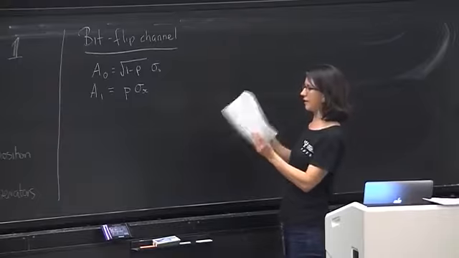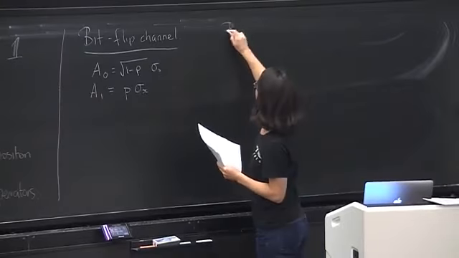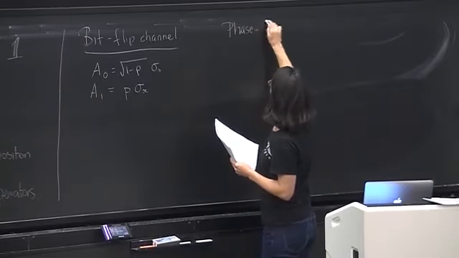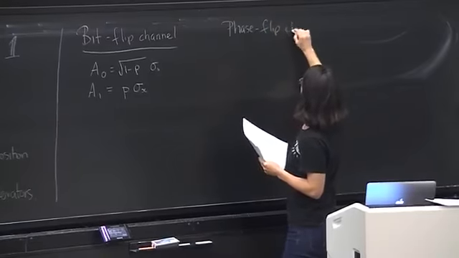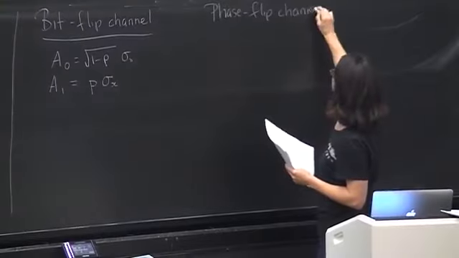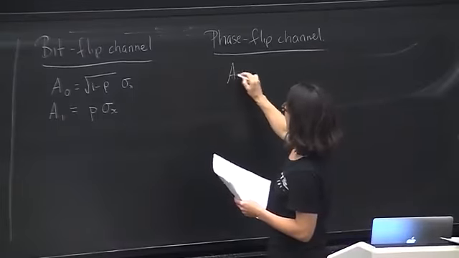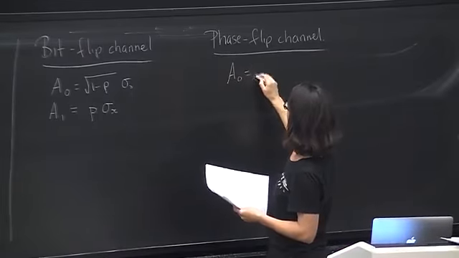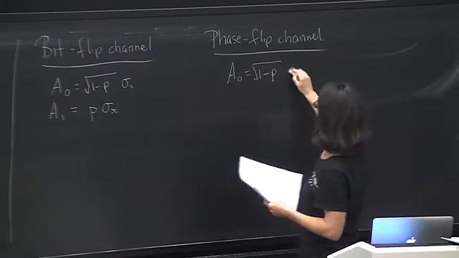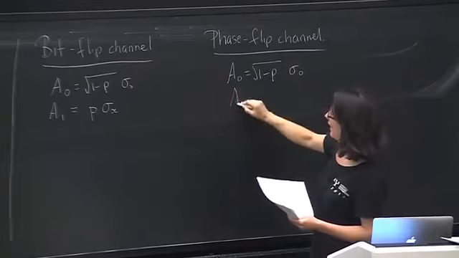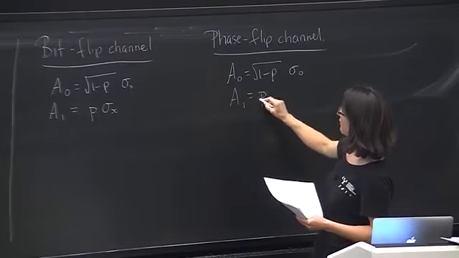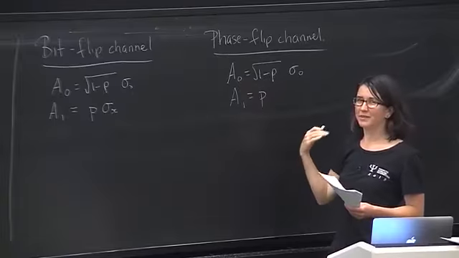Then we have the phase flip channel, which with probability 1 minus p, does nothing. And with probability p, it flips the phase.